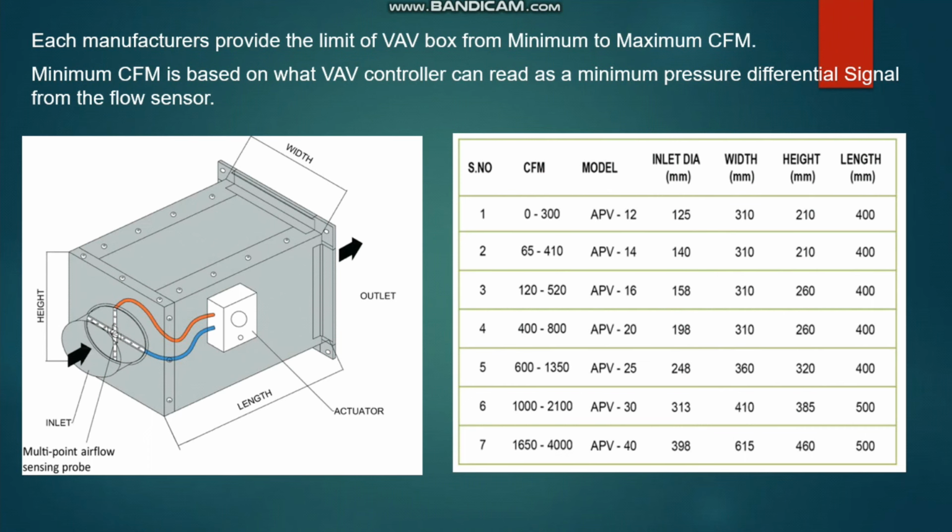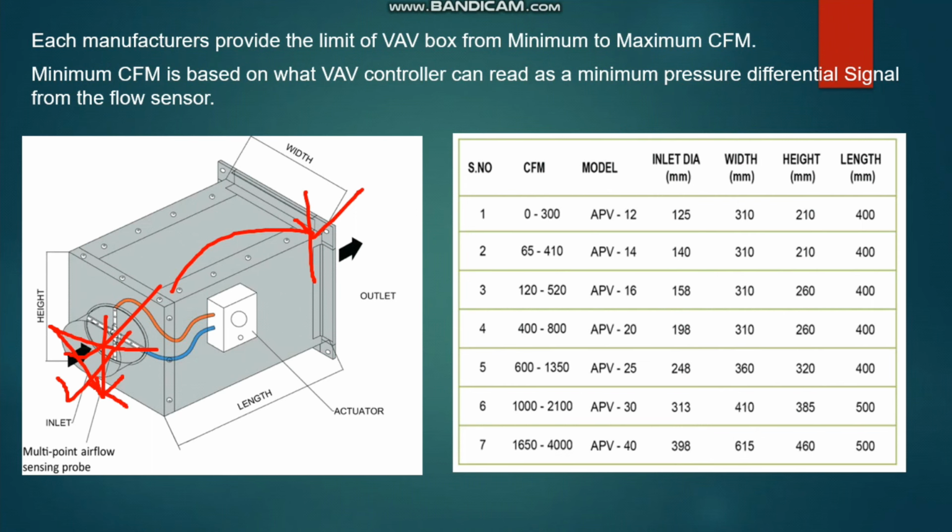The first point we have to see here is how to find the minimum CFM for the VAV. The minimum CFM is based on what the VAV controller can read as a minimum pressure differential signal from the flow sensor. Here, in the inlet there is an arrow cross type with 4 ports, used to measure the total pressure, and on the back side of this VAV we can see 2 ports, used to measure the static pressure.